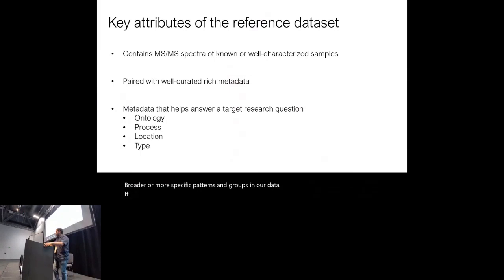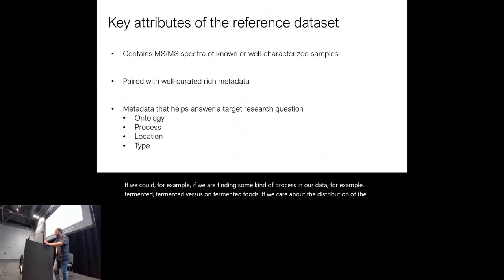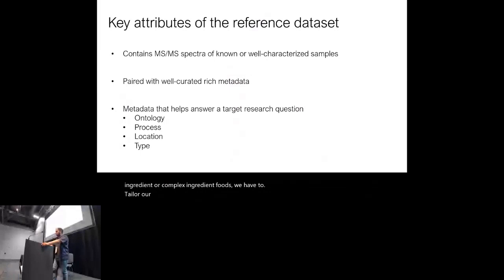If we are finding some kind of process in our data, for example, fermented versus unfermented foods, if we care about the distribution of the different metabolites along different locations, or if we care about single ingredient versus complex ingredient foods, we have to tailor our metadata to these kinds of questions.